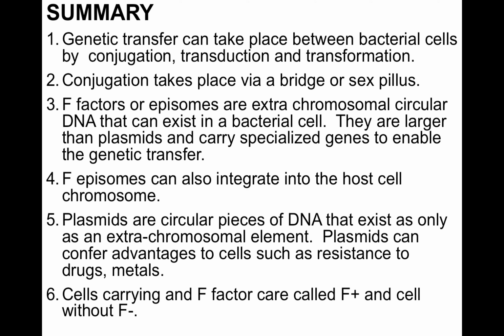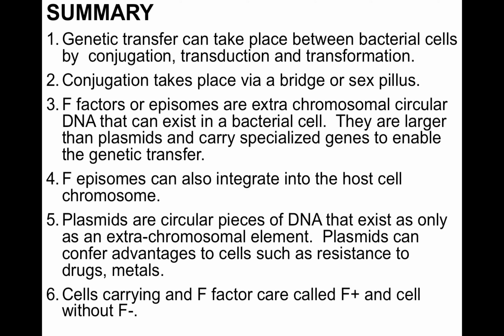They are larger than plasmids and carry specialized genes to enable the genetic transfer. F episomes can also integrate into the host cell chromosome. Plasmids are circular pieces of DNA that exist only as extrachromosomal elements. Plasmids can confer advantages to cells, such as resistance to drugs or heavy metals.